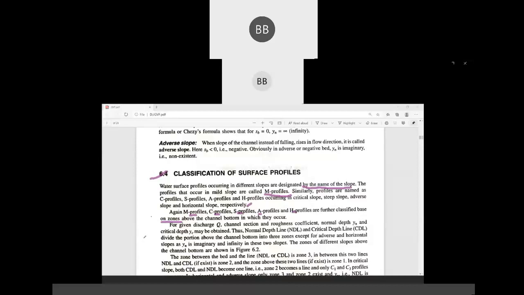Based on the zone in which the profile lies, we rename those profiles like M1, M2, M3, C1, C2, C3, S1, S2, S3, and so on.